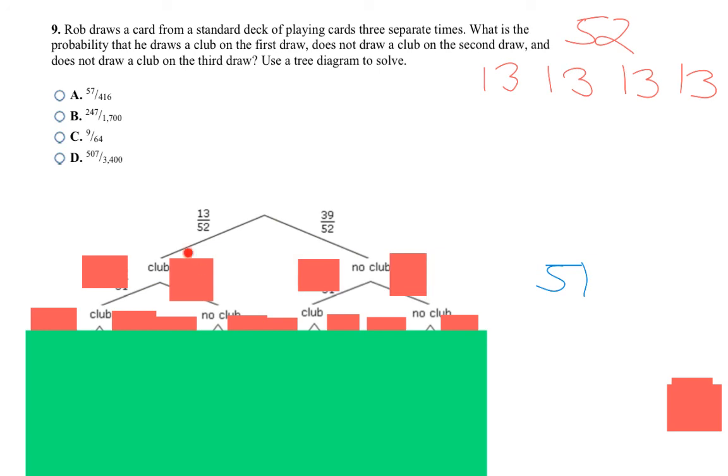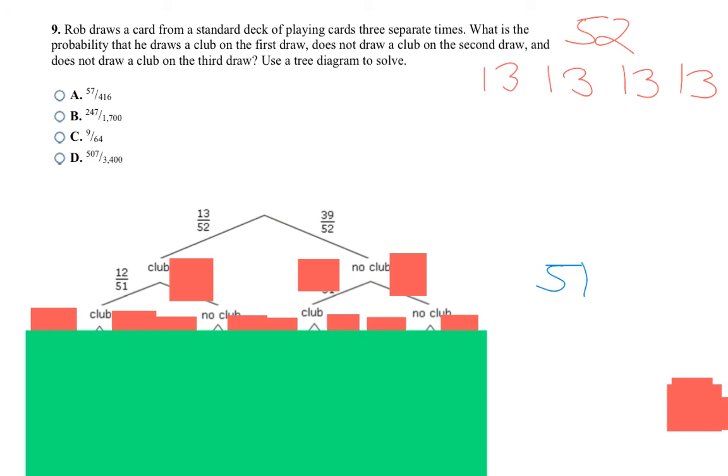So looking at my first scenario where I already picked a club, if I picked a club a second time, that means one of my clubs is already gone from the first time. So that means I only have 12 left to pick from out of that 51 cards. So 12 out of 51 is my probability.